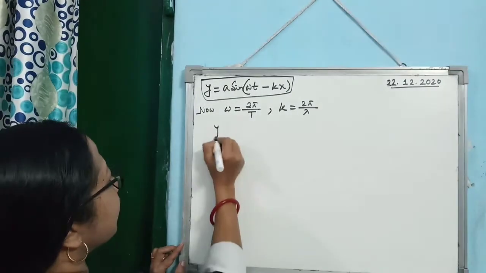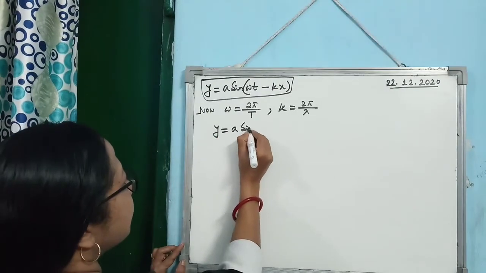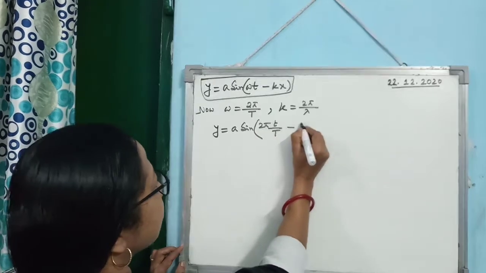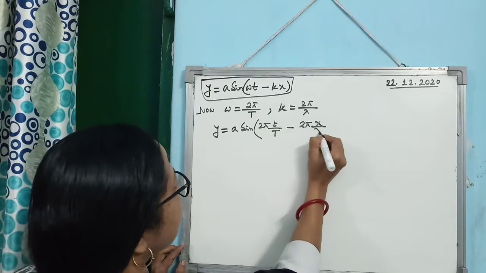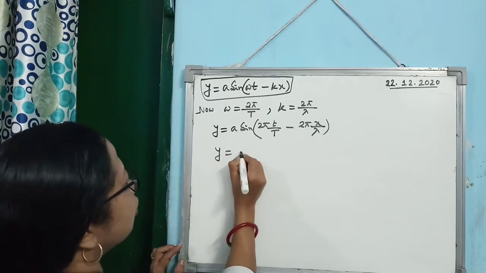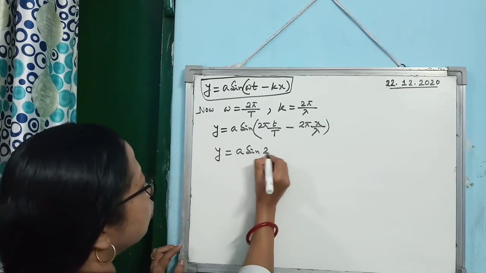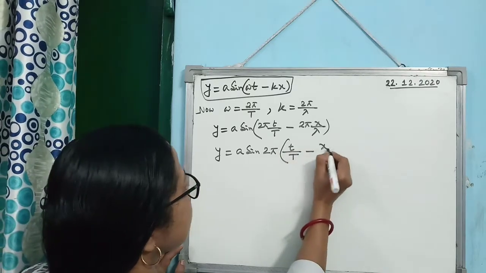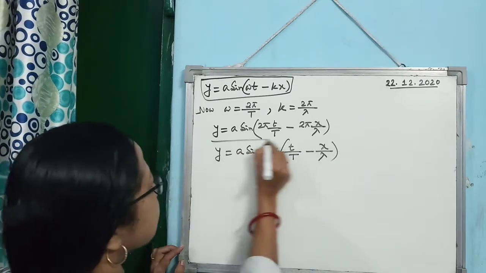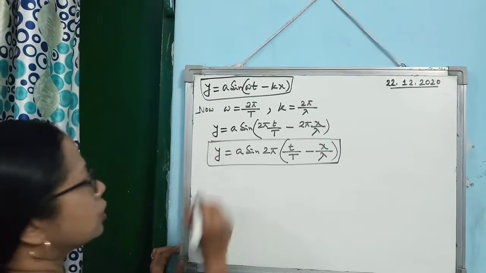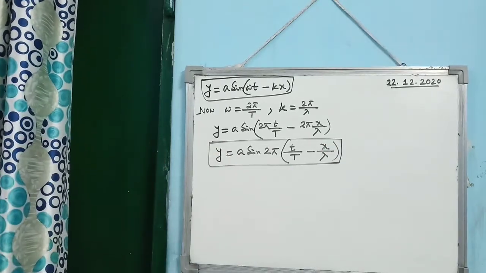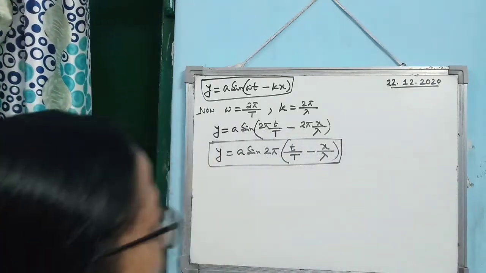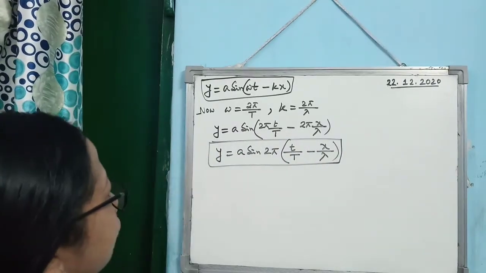So one can write y is equal to A sine of 2 pi t by T minus 2 pi x by lambda. Taking 2 pi common, the equation becomes t by T minus x by lambda. So this is another way to write the equation of the progressive wave.